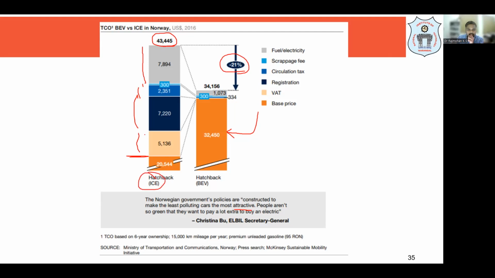So the government has put large taxes on registration fees, VAT, and fuel for IC vehicles, which makes customers move towards electric vehicles. That's what we are doing even in India, keeping the taxes high so that people will move towards that, which is one way.